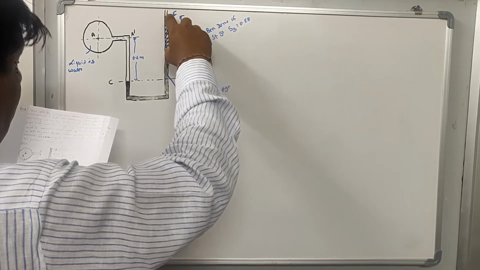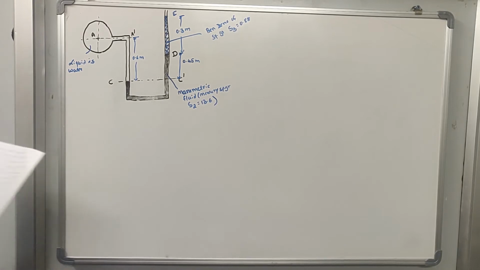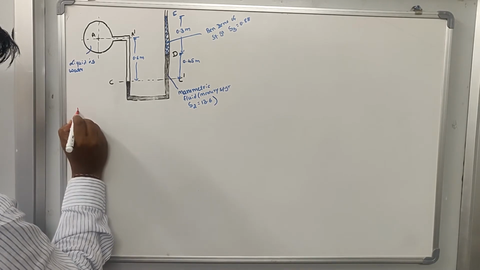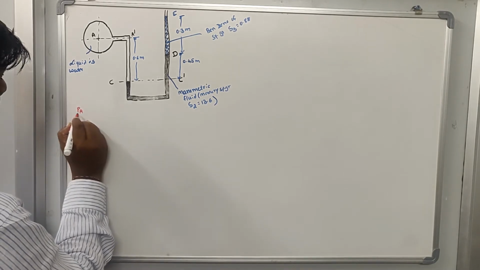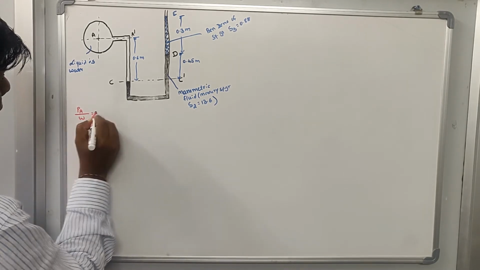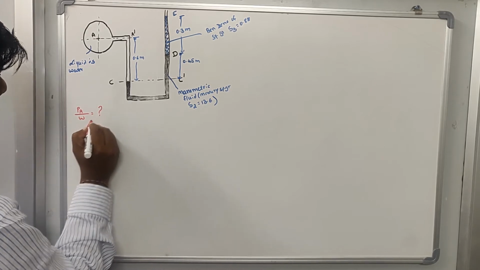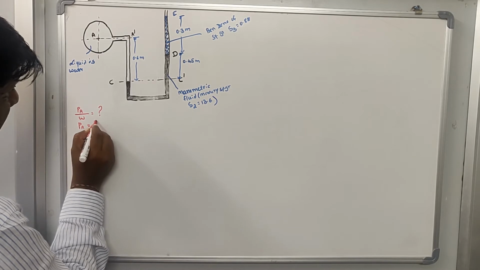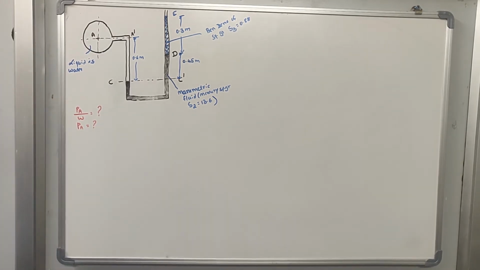This height is 0.3 meter. So now you have to calculate what is the pressure head at point A. So pressure head PA by W you have to calculate, or you have to calculate the pressure intensity at point A.